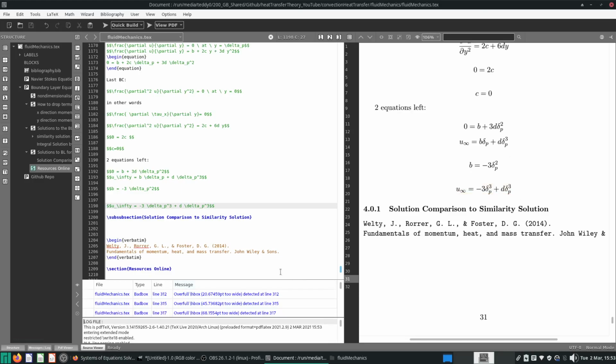So it looks like d is pretty straightforward to get. All right, so we divide both sides by delta p cube.